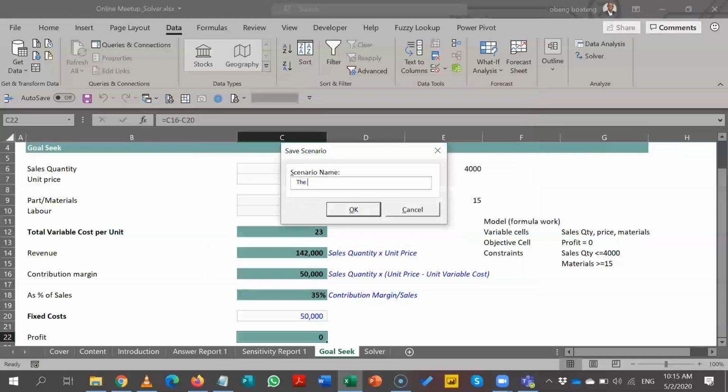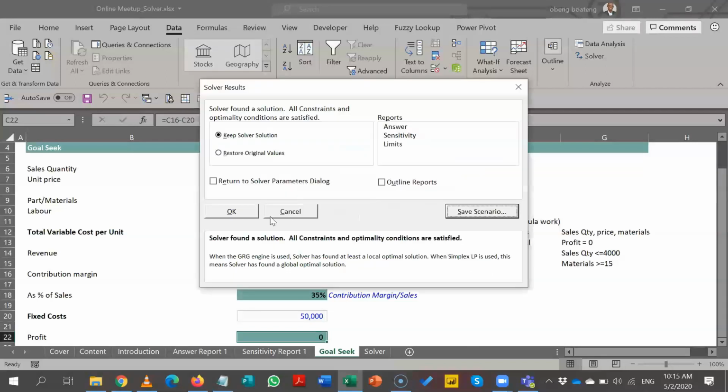The scenario name is material parts. Material is greater than 15. So you can save this as a scenario.